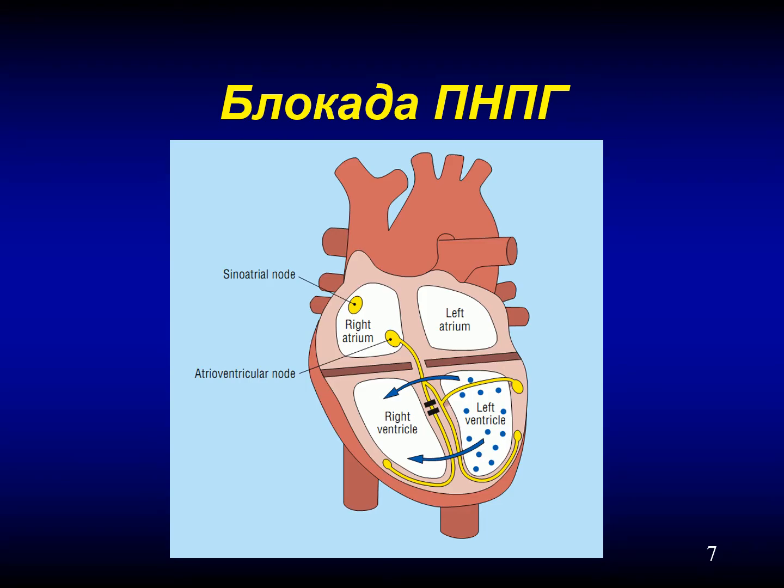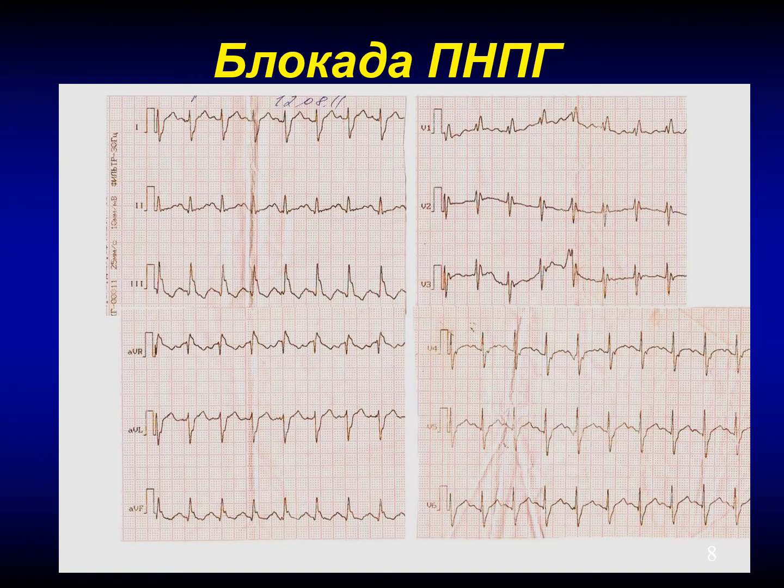We have deformation of the QRS complex. We speak about the right bundle branch, and we see M-shaped deformation of the QRS complex in the right chest leads, V1 and V2. Right bundle branch, right chest leads. M-shaped deformation. It's the first sign.